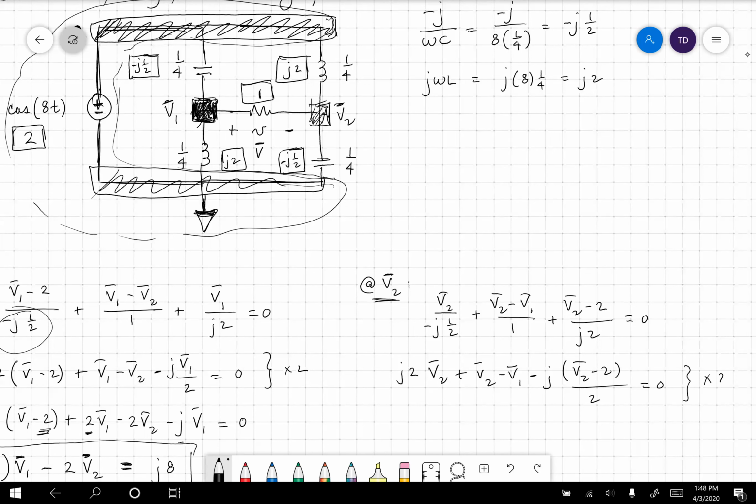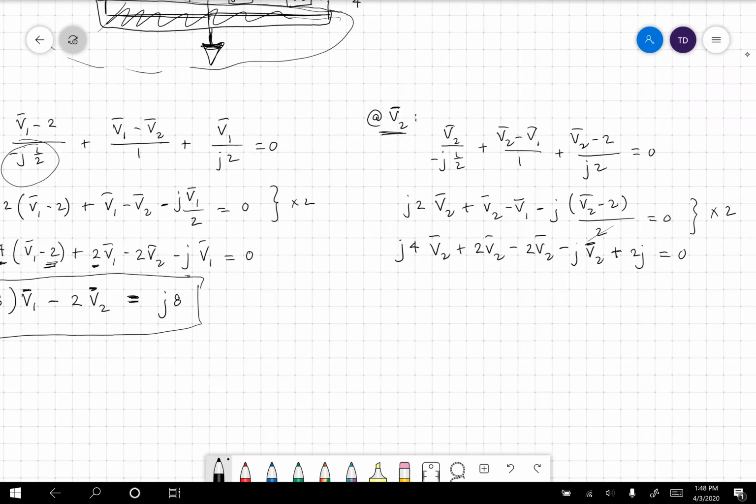Take that one, multiply that by 2. It's going to give me j4V2 plus 2V2 minus 2V1. Now, that 2 will cancel and I multiply by 2. So I'm going to get minus jV2 and then plus 2j equals 0. All right, that's that equation.